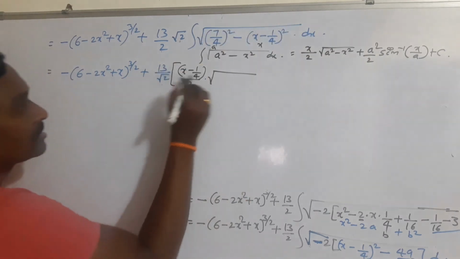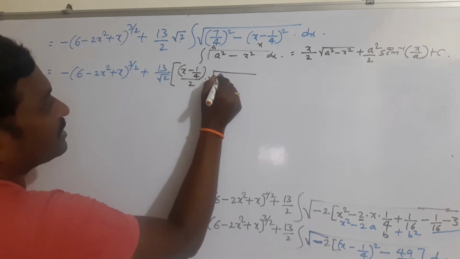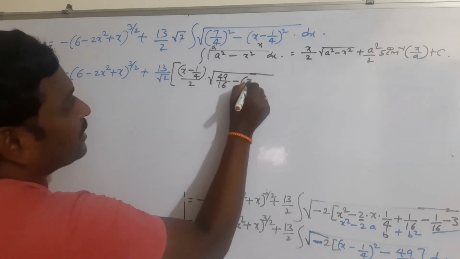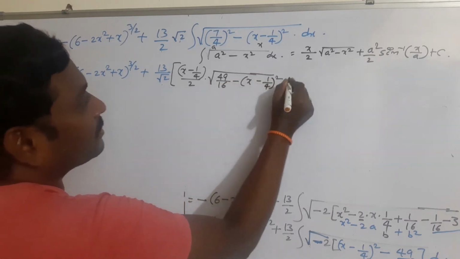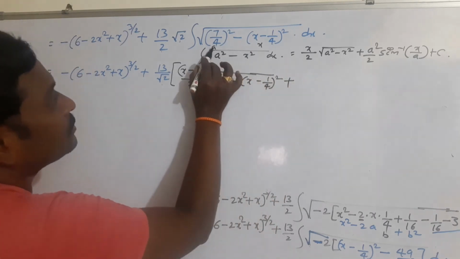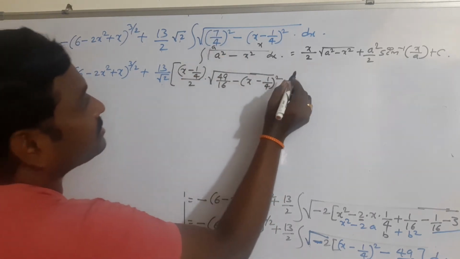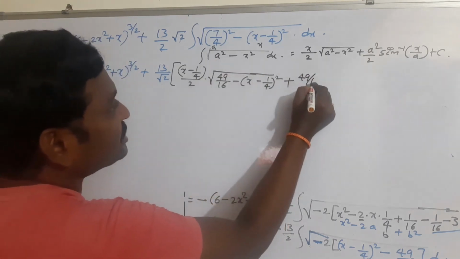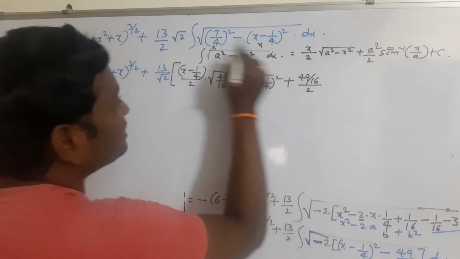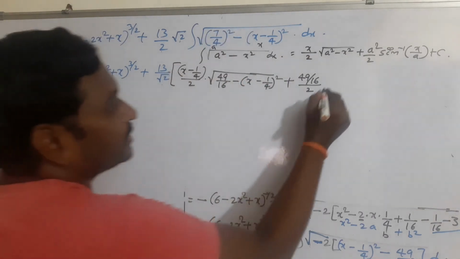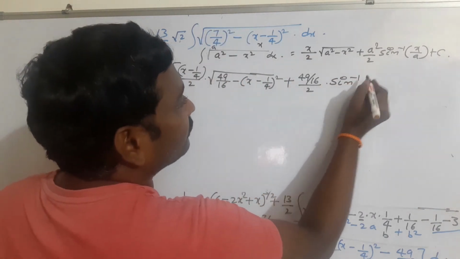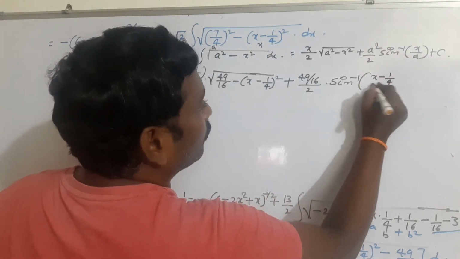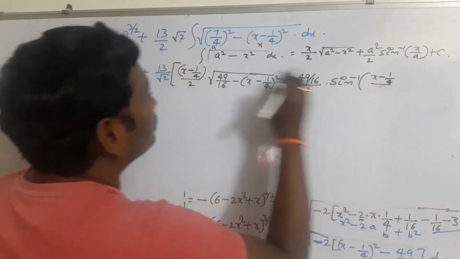Just write the similar root, which is (7 by 4) whole square, can be written as 49 by 16 minus (x minus 1 by 4) whole square plus a square by 2. What is a value? (7 by 4) whole square. So directly you can write 49 by 16 whole by 2. a square is nothing but (7 by 4) whole square. That's why, into sine inverse of x. What is x value here again? (x minus 1 by 4) whole by a. What is a value? 7 by 4.